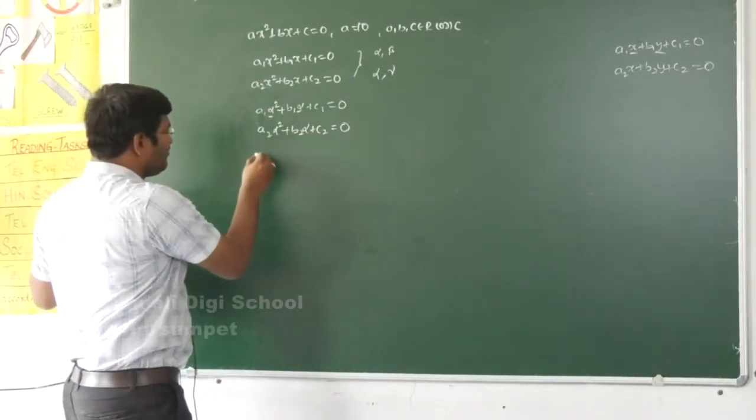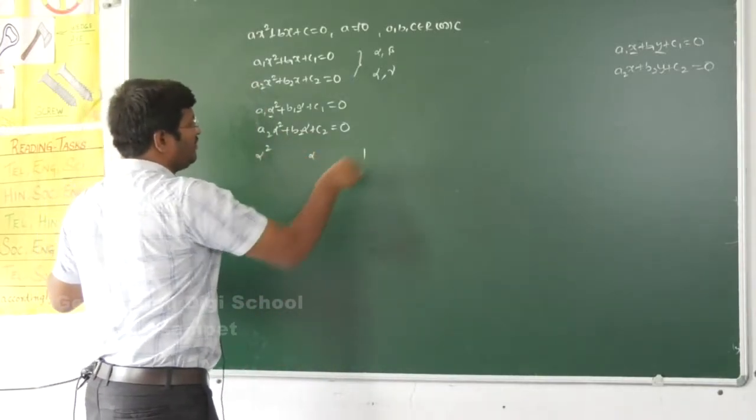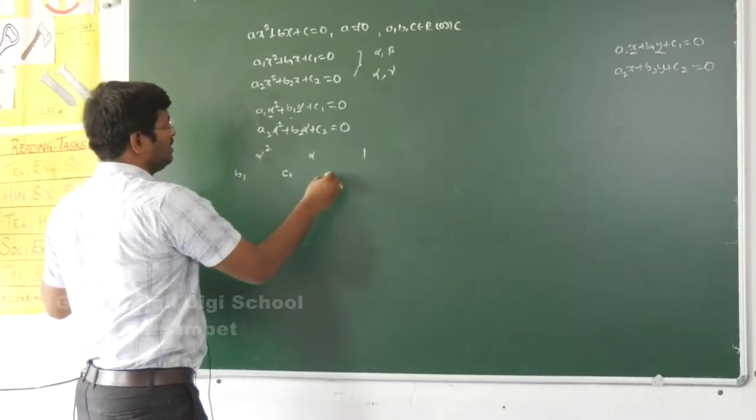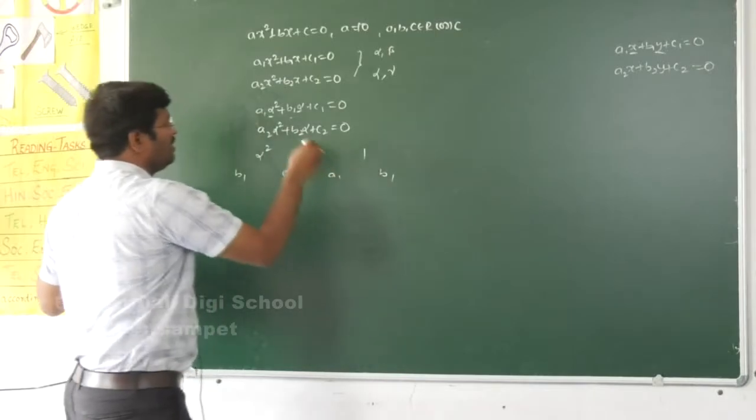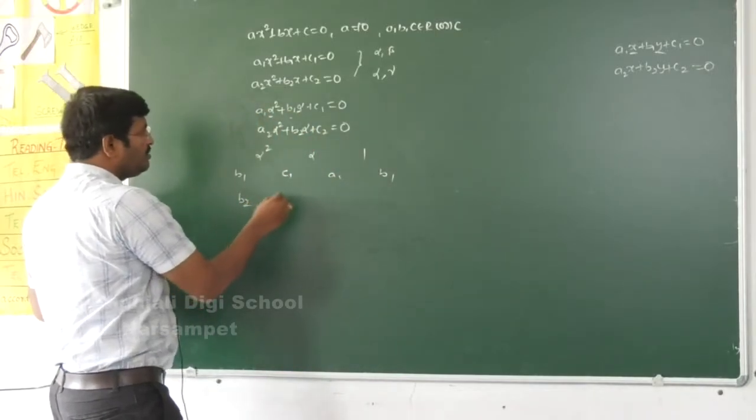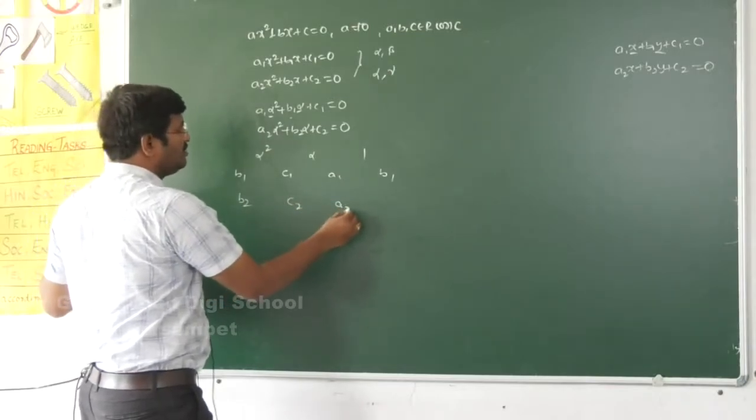Then you take alpha square, alpha, 1, then write b1 c1 a1 b1, b1 c1 a1 b1, next b2 c2 a2 b2.